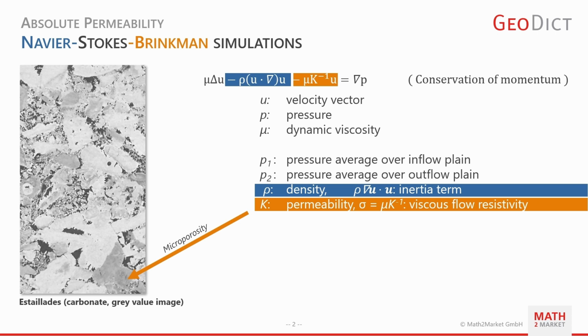As you can already see in the gray value image, the Estaillades rock has a lot of microporosity, which should not be neglected. But if a rock structure is obtained using medical CT scan instead of micro CT scan, almost no pores can be resolved, and then the Stokes part of the equation, the viscous term, can also be neglected. And then you arrive at the Darcy equation, where just the Brinkmann term is considered.